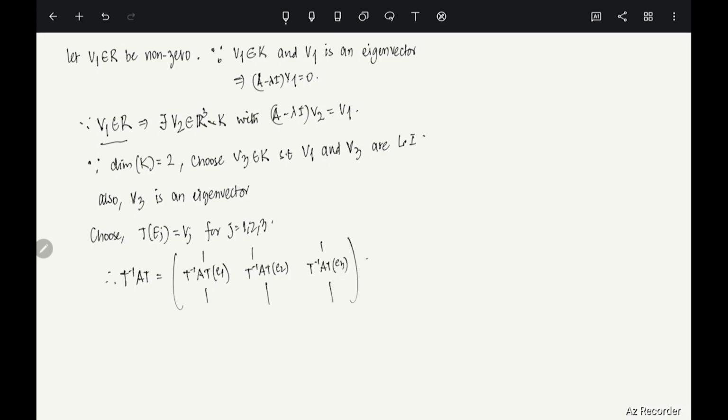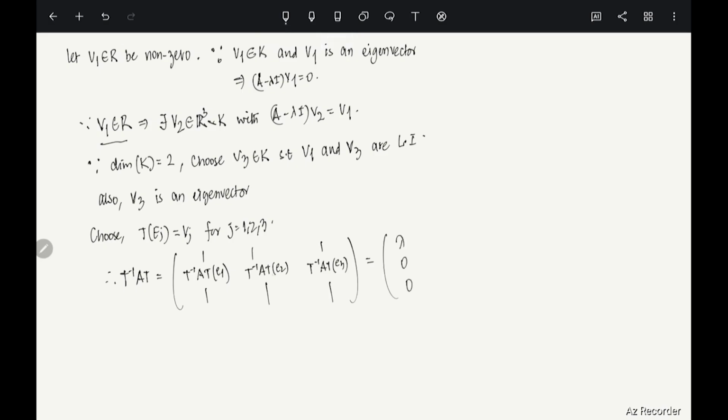T of E1 is V1. A of V1 is minus lambda V1. Now T inverse of minus lambda V1 is lambda times T inverse of V1, which is E1. E1 is 1, 0, 0, so we can write it as lambda, 0, 0.